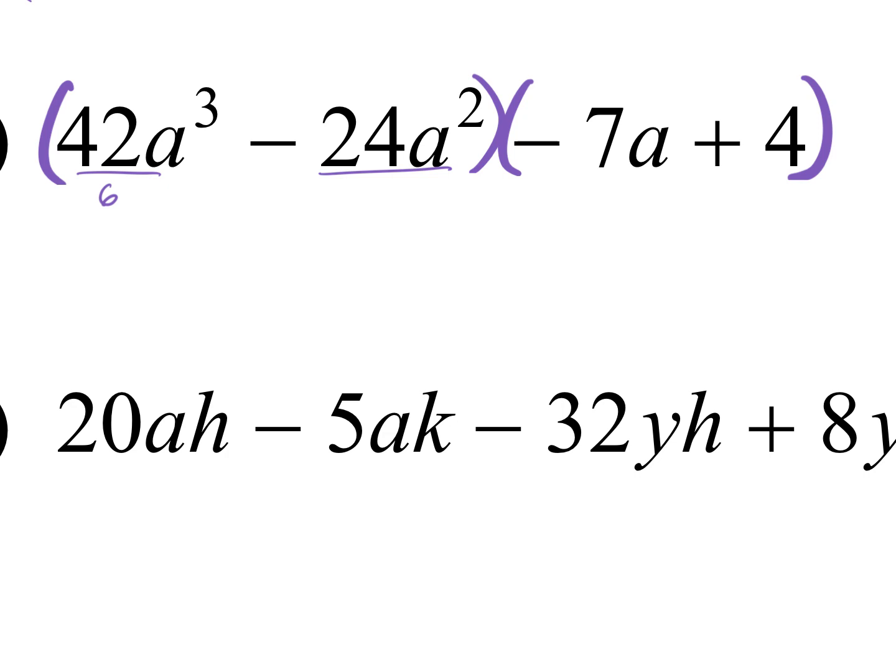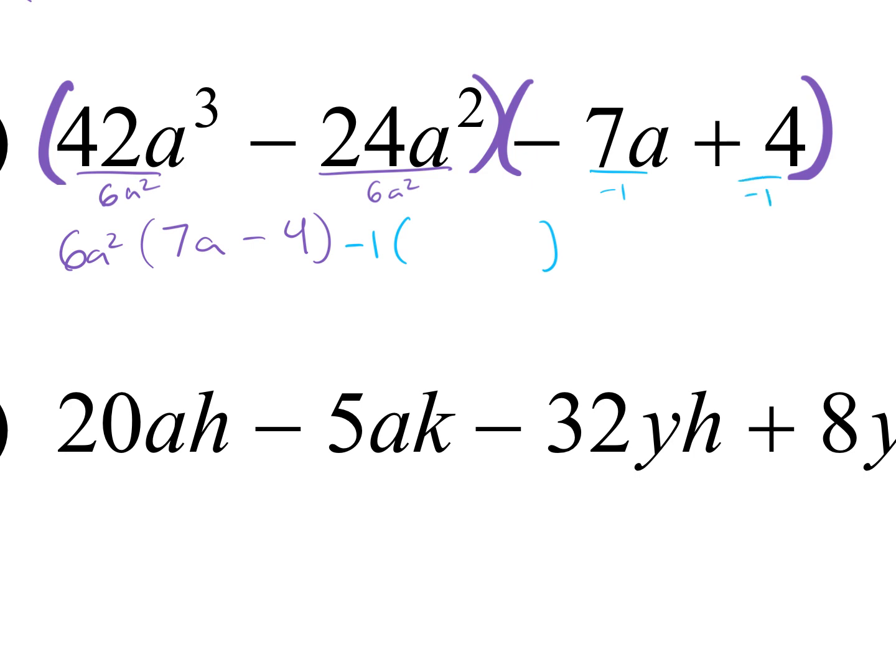6, 6a squared. So we take out a 6a squared. What are we left with? 7a minus 4. In the second group, what would we take out? -1. Why are we taking out a -1 here? So the insides can be exactly the same.